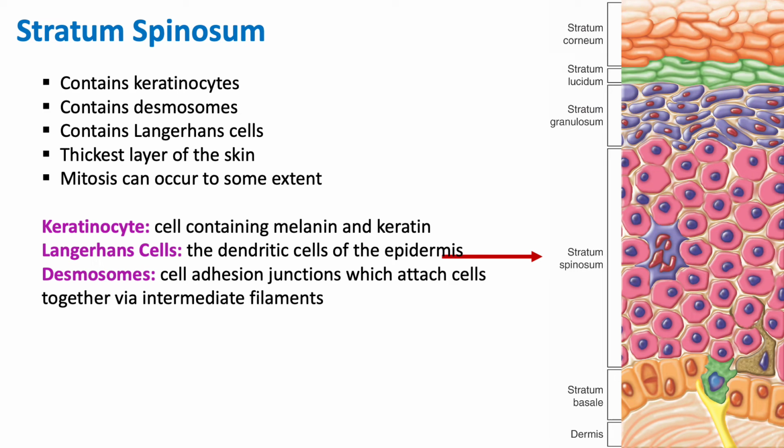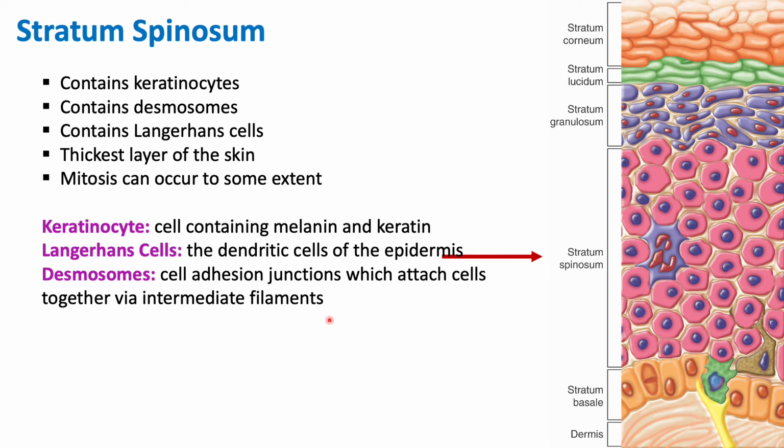The fourth layer of the epidermis is the stratum spinosum, which makes up the thickest portion of our epidermis. Now, the stratum spinosum contains living keratinocytes, and it also contains desmosomes, which are essentially cell adhesion junctions which attach cells together via intermediate filaments within their cytoskeletons.